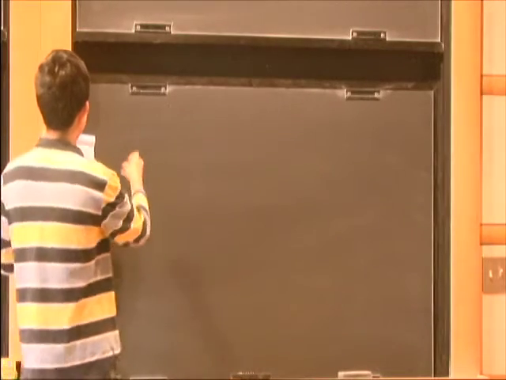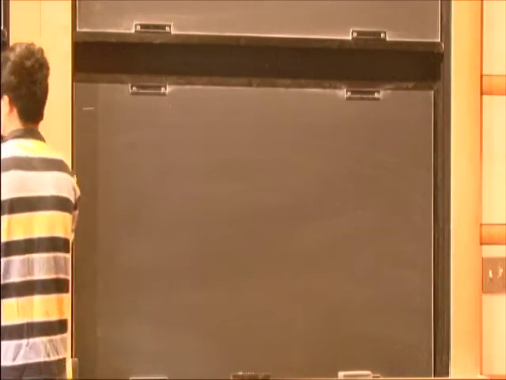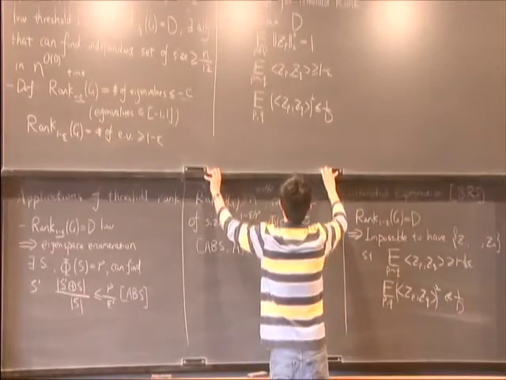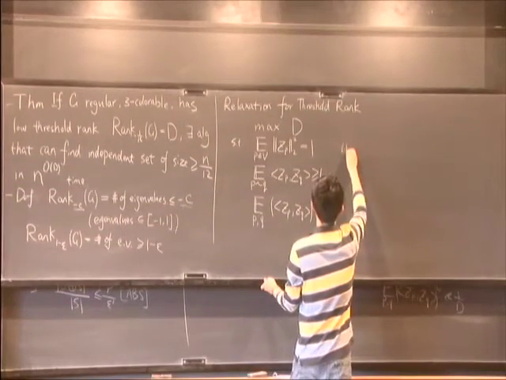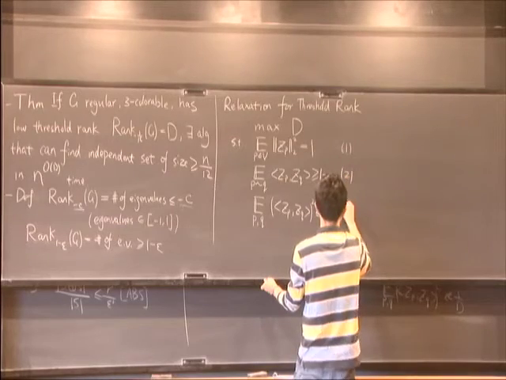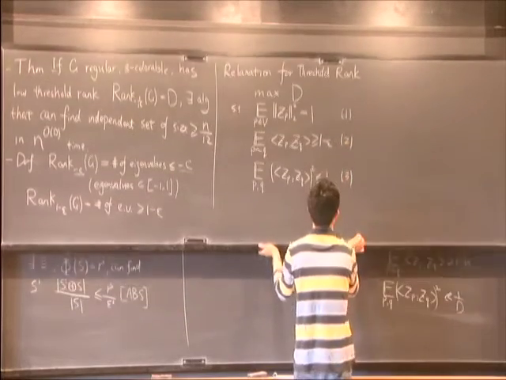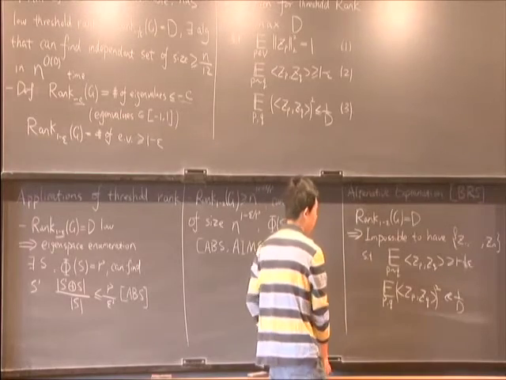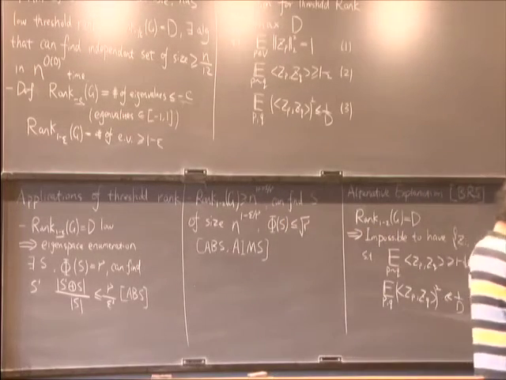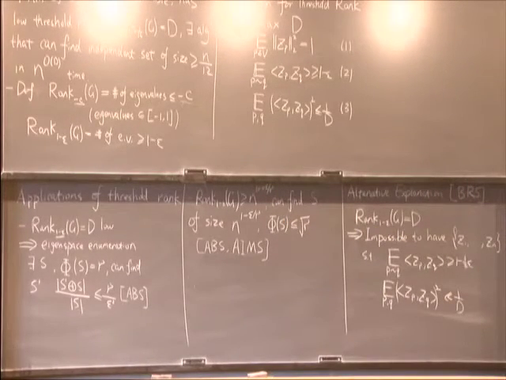Well, this is not hard to prove, so let me number those equations. So this is 1, 2, 3. For equation 1, we are trying to compute the expectation over P of the norm of Z_P squared.